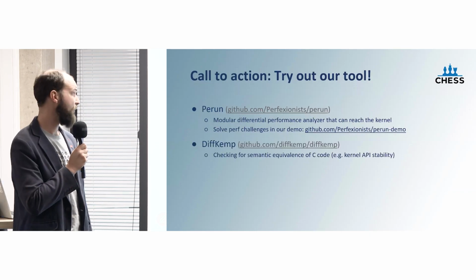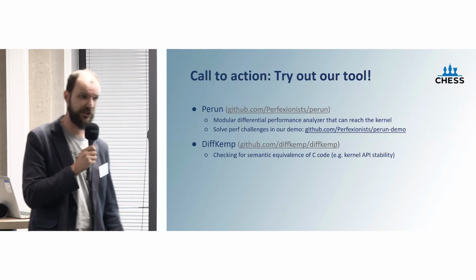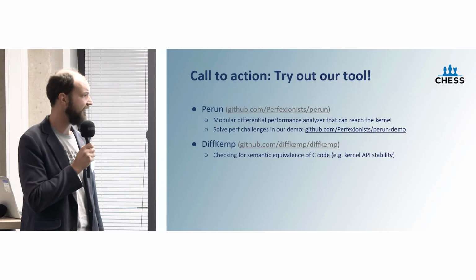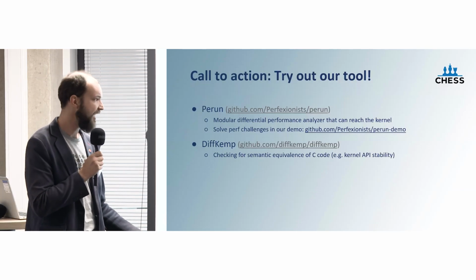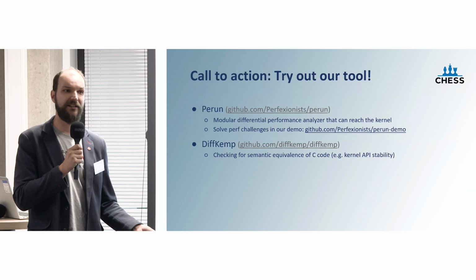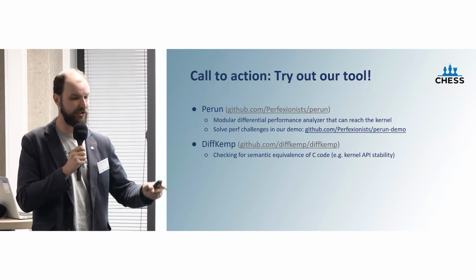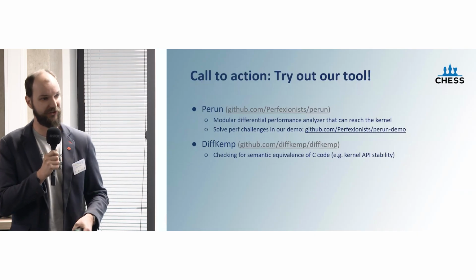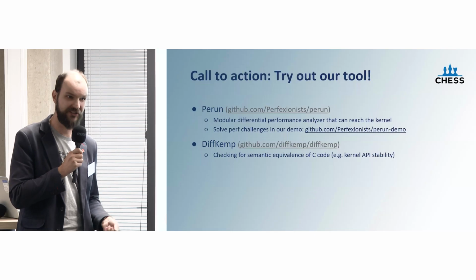There's also diffkemp, a tool for checking semantic equivalence of potentially very complex C code. Think like you have a C project, again, we are using it on the kernel, and you want to ensure the stability of the API. So you're checking whether commits that were marked as refactoring are actually only doing refactoring, and there's no semantic change within the code.